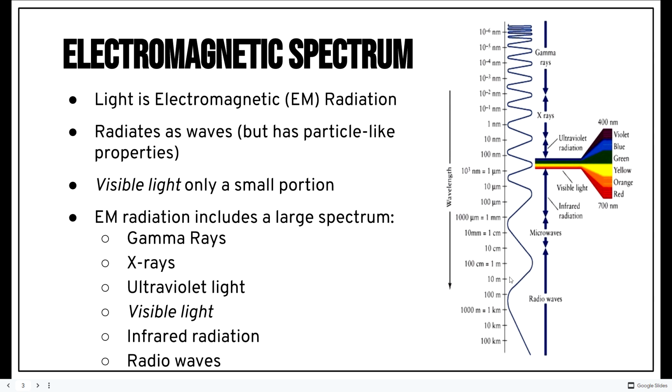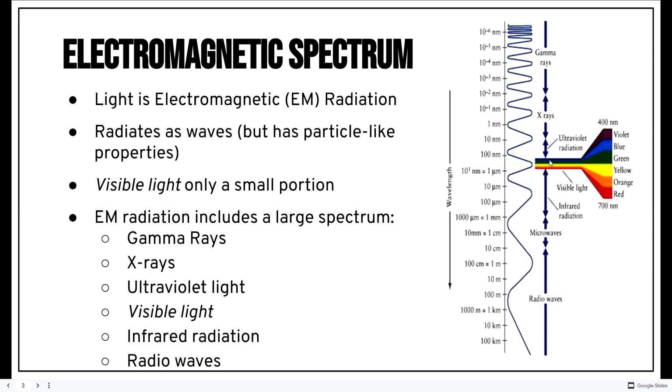So what's the electromagnetic spectrum for? Well, all light is emitted as electromagnetic radiation, and the spectrum measures that radiation. Light moves as a wave. It does have particle-type properties, but it mostly moves as a wave.